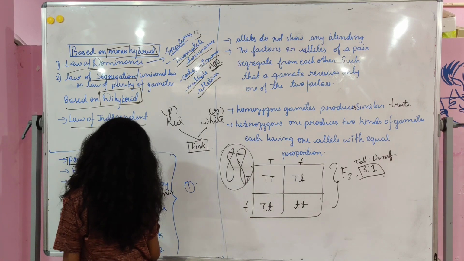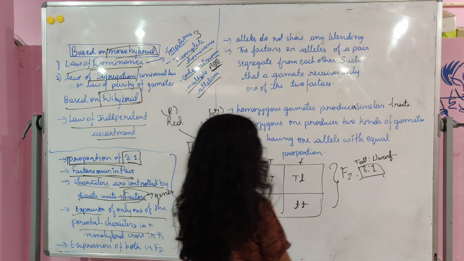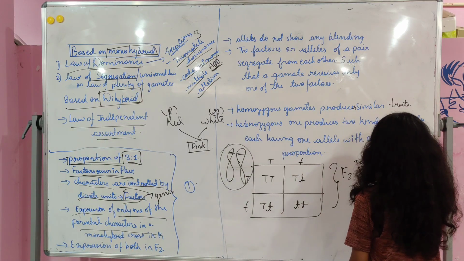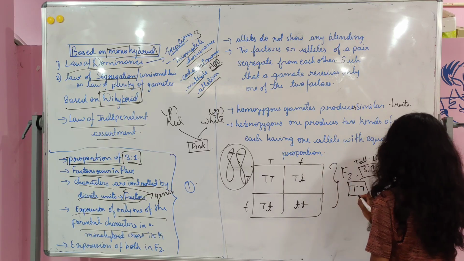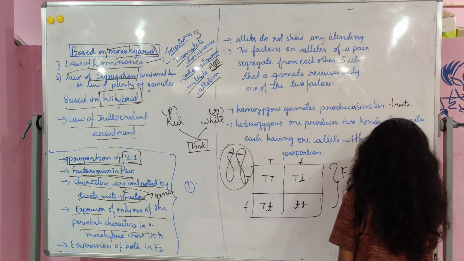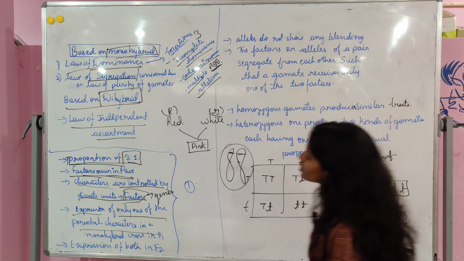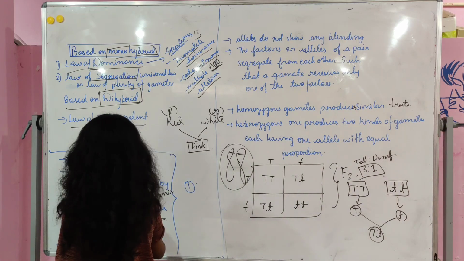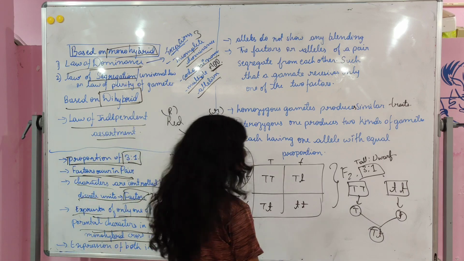And expression of only one of the parental characters. See, when we crossed, this was his parents. When gamete is capital T and your gamete is small t, and when he got this, he got Tt. Right. So what it says is expression of only one of the parental traits in monohybrid cross in F1 generation.